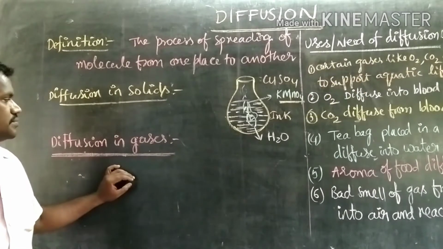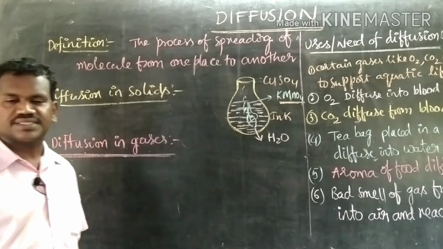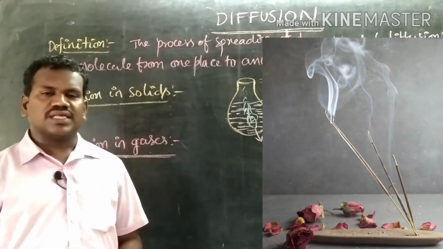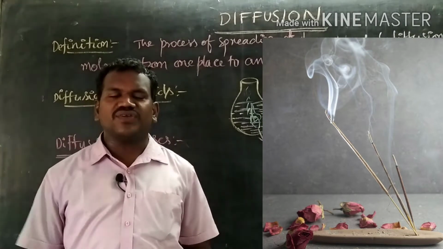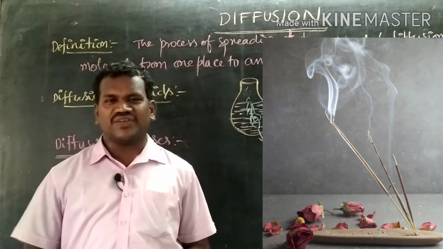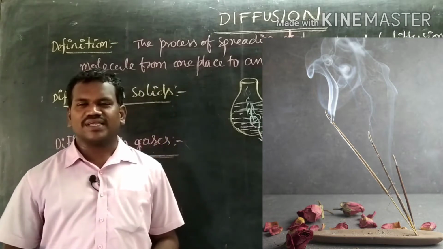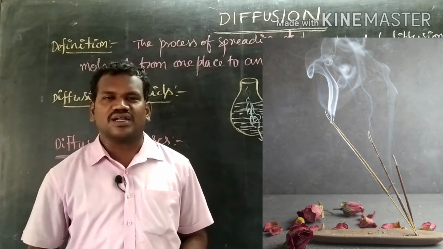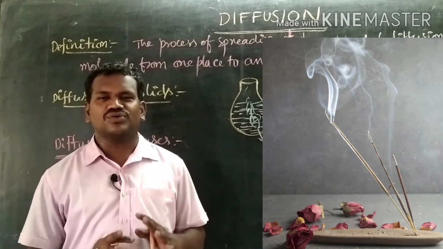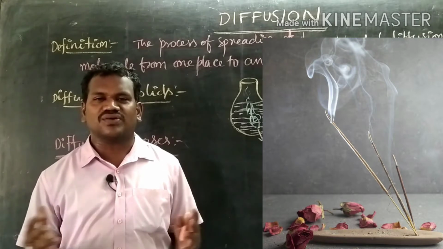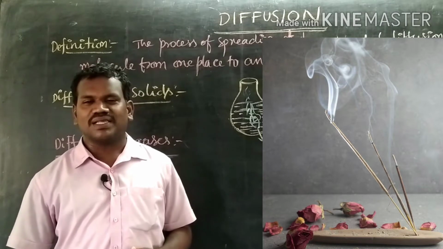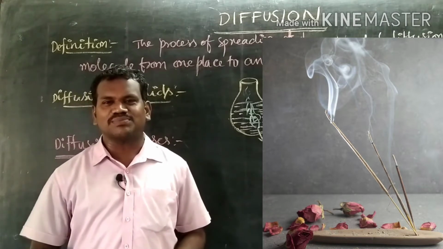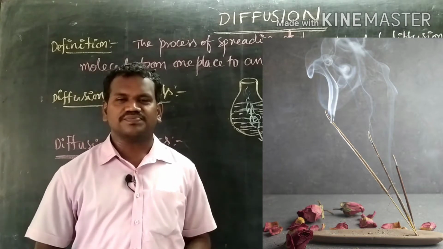Let us see the diffusion in gases. For example, any one of your friends applies a perfume. Whenever he sits in the corner of the room, after a certain time, we are going to smell it throughout the room. Whatever kind of smell it may be, we observe different kinds of smells in the classroom.